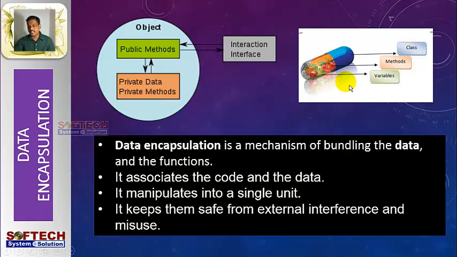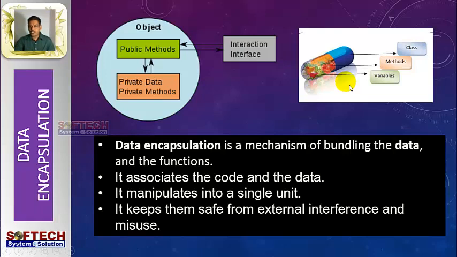That is, grouping the data and the functions for security purposes. So the users can access those members, but they cannot view the definition of those methods. They cannot see the methods and the data, for security purposes. The user can access. So this is data encapsulation.